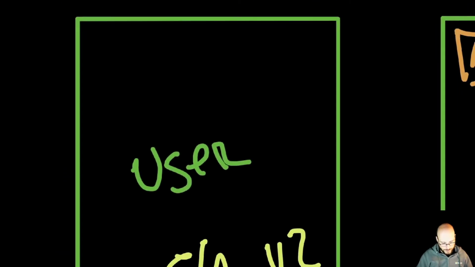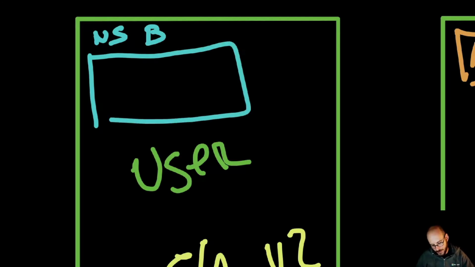Now, the other thing here, and I'm just going to go into the second one, we're going to zoom in for a second. Let's suppose, again, we have these 2 applications here. What I have here is a namespace for the B application, so I'm just going to call this namespace B. In that namespace, I then have little pods running for the B application.